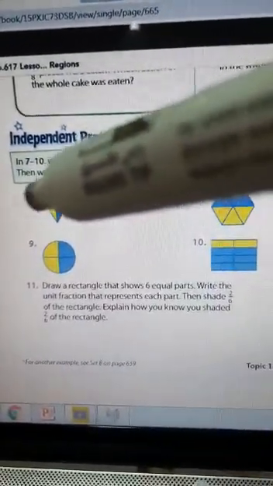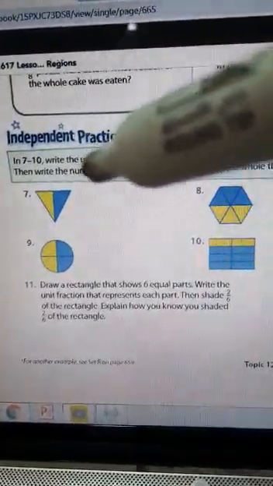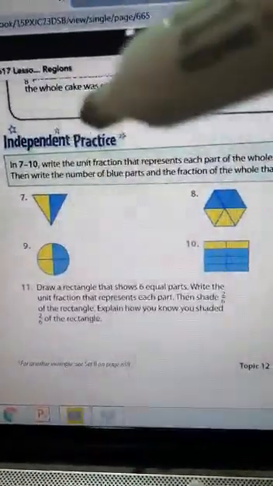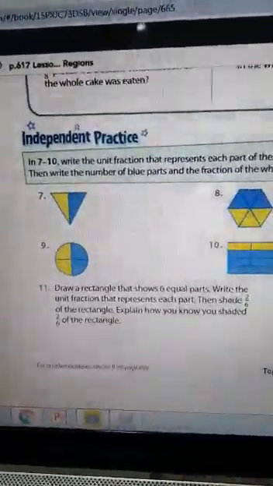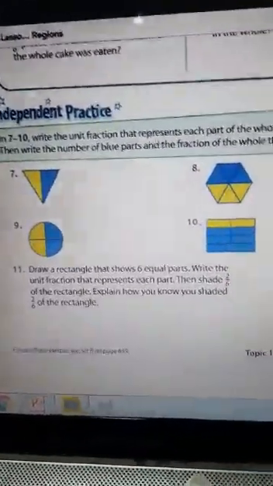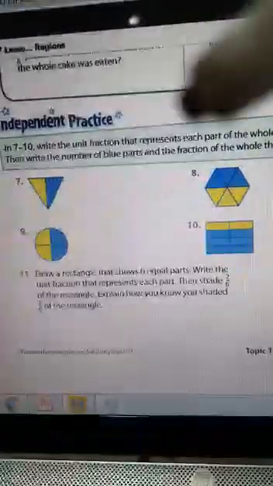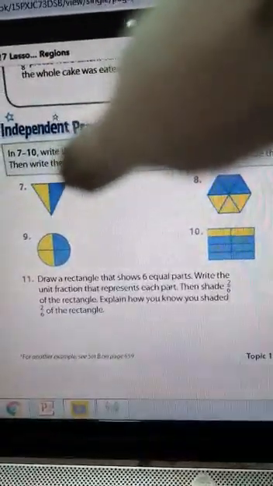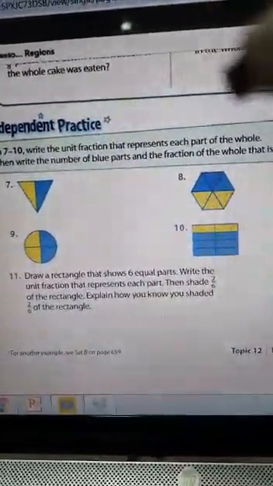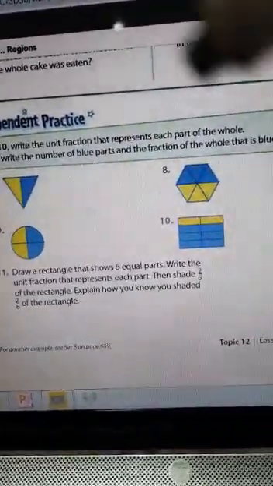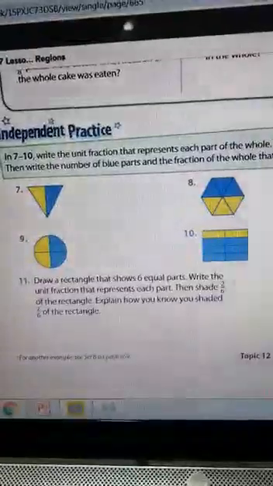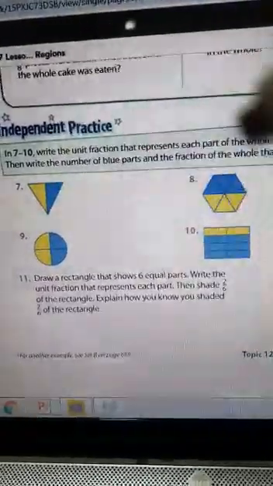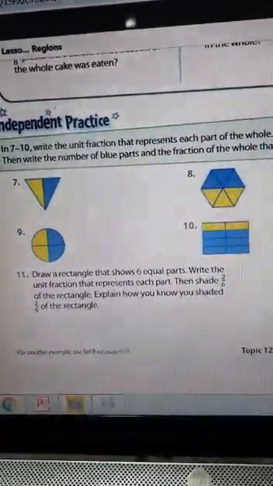For example, here, yellow and blue, but both of them are 1 of 2. Any color, 1 of 2, because each unit. Then you will tell me the number of blue parts. What's the number of blue alone? Then the whole that is blue. Maybe they are like in 8, 9, 10, more than 1. So you write the fraction in 3 ways or 2 ways.